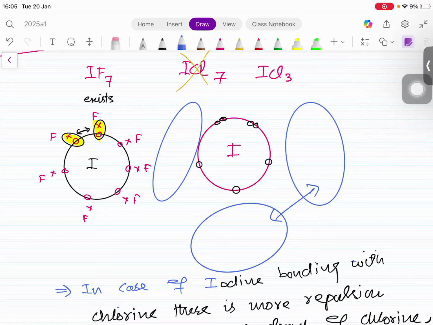Put a star and write down: once it is formed, it behaves like a normal covalent bond. But in order to distinguish, we just put an arrow like this. Unlike a straight line, we put an arrow from donor to acceptor.